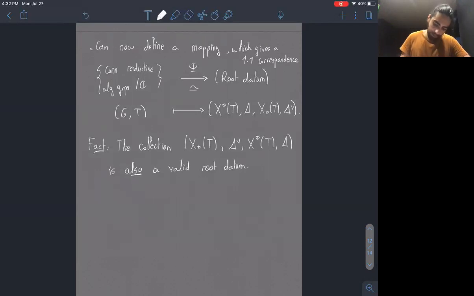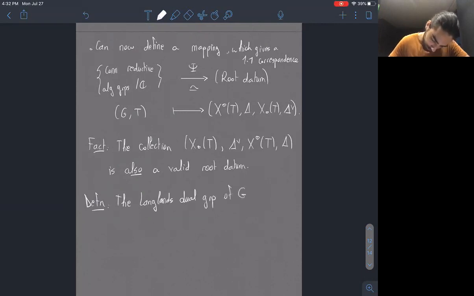So the fact that this gives me a correspondence means that I can now define the Langlands dual group of G to be the reductive algebraic group associated to the reversed root datum.